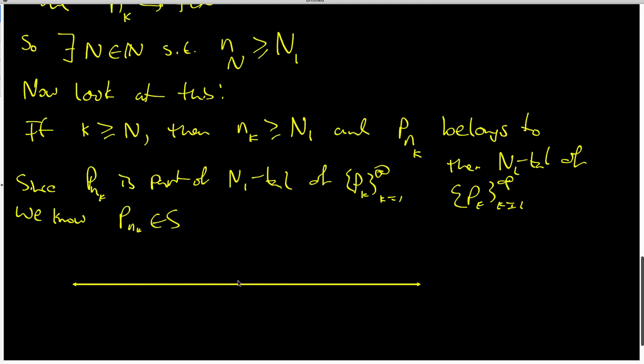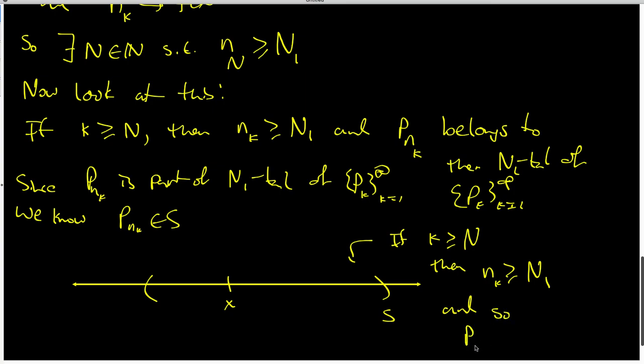Here's my number line, here's X, here's that open interval S. We know that if k is bigger than or equal to capital N, then n_k is bigger than or equal to capital N1, and so p_{n_k} is inside S. Oops, that should be an n_k. And this is true when k is bigger than or equal to N.